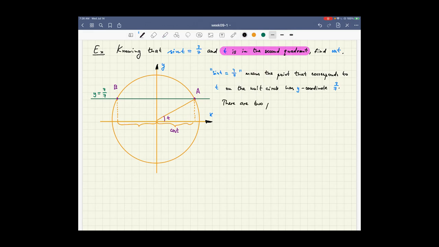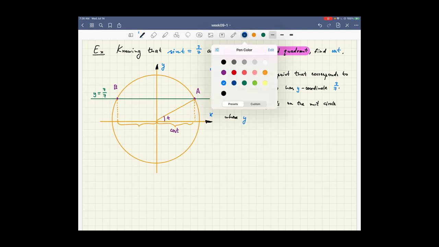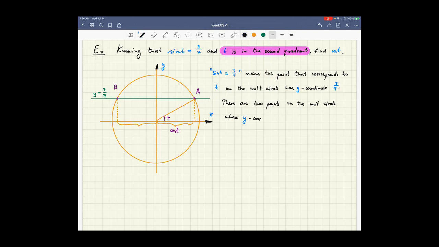There are 2 points on the unit circle whose y-coordinate is 3 over 7.